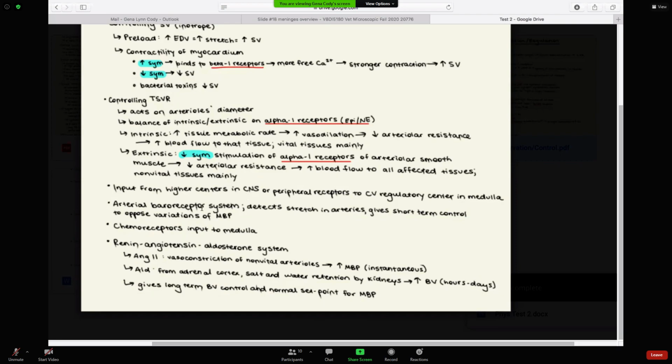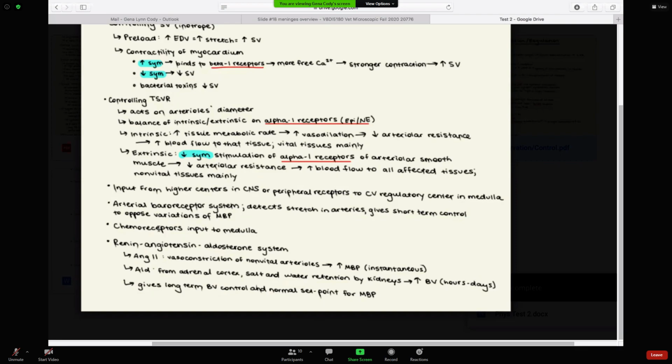The arterial baroreceptors, those detect stretch. So in the case of I have profuse watery diarrhea, where I'm losing blood volume and I'm getting less stretch, it's going to detect that, and it's going to cause effects that will increase my blood pressure back to normal, if that makes sense. And it's short-term control to oppose variations.